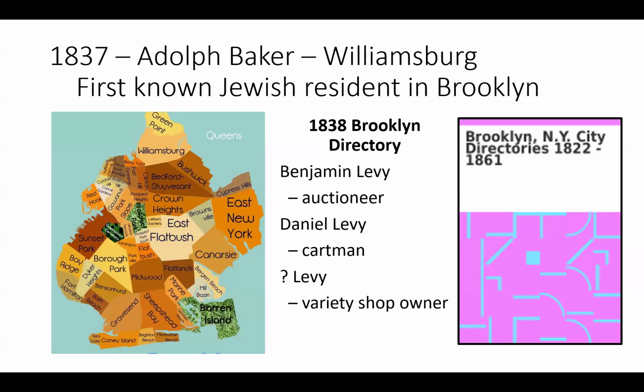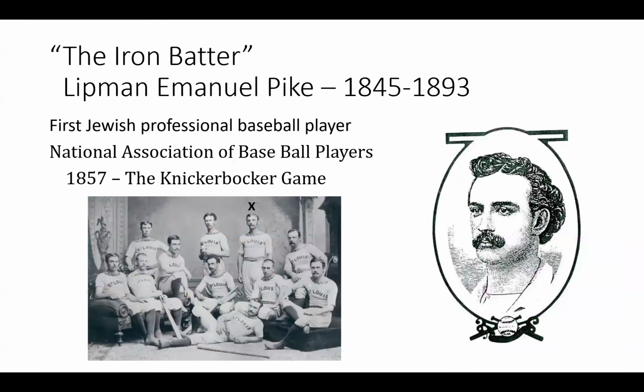Gradually, other Jews arrived, and as they were taking census, as the city grew in the 1800s, they would list not only the names, such as we see Benjamin Levy, Daniel Levy, another Levy, whose first name we don't know, but they were in business, an auctioneer, cartman, variety shop owner. So the Jews gradually entered into the commercial life of the city.